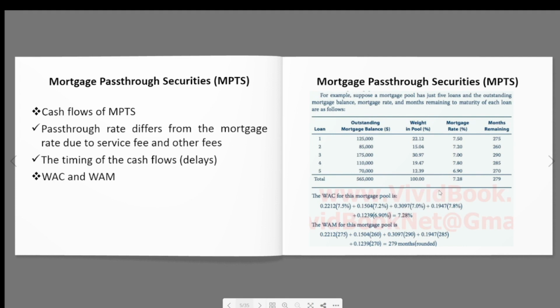For the weighted average maturity, we simply multiply the weight in the pool by the months remaining and get the total. Once we round off, we find it's 279 months.